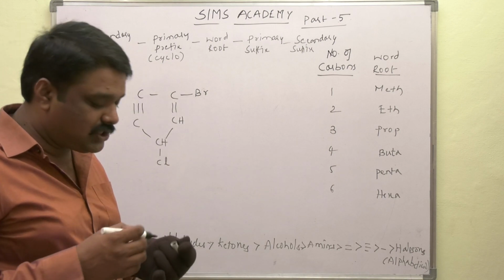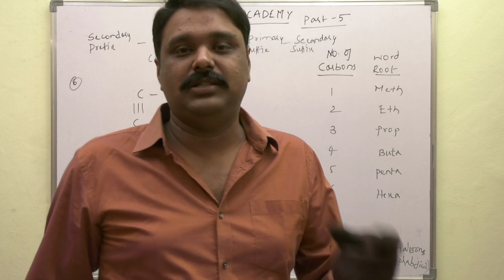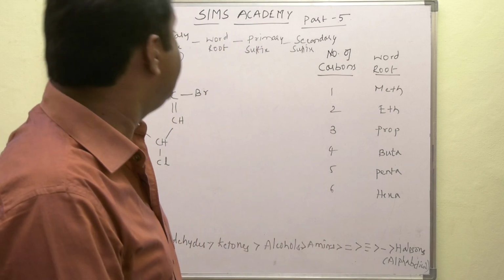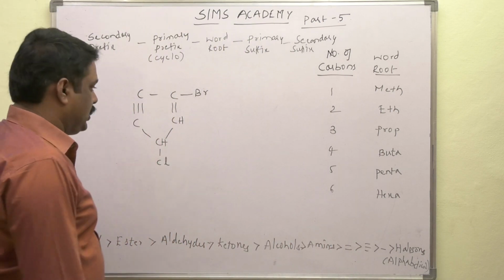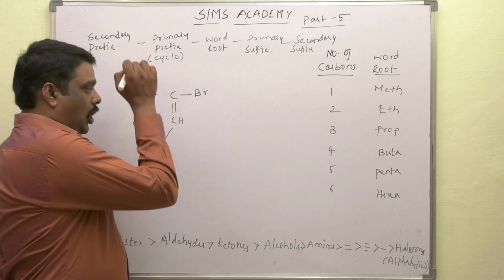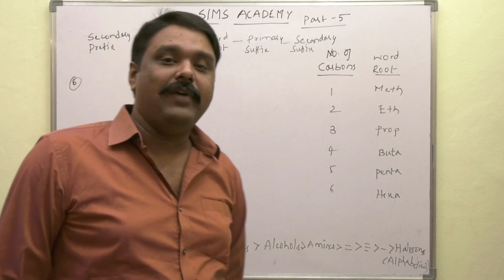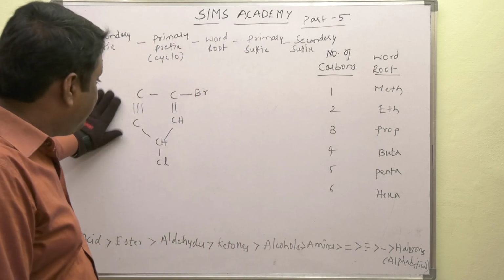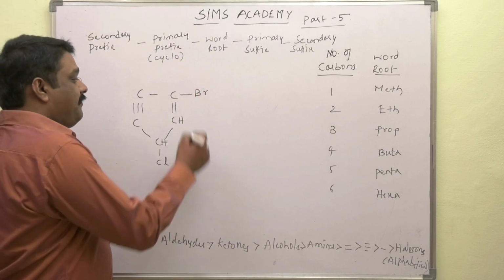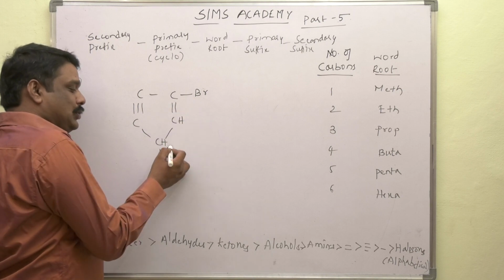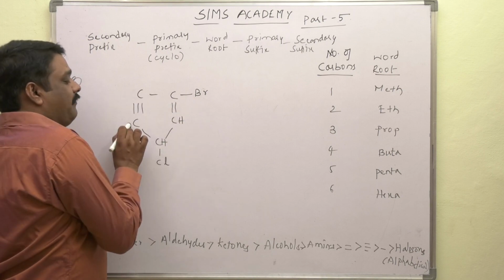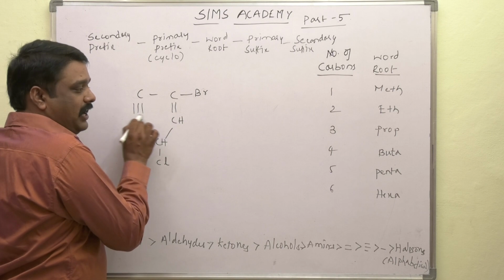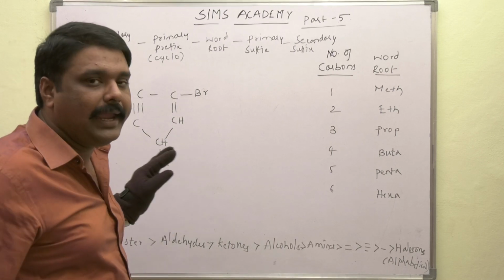Now from which side am I supposed to give the numbering? If you check, after double bond, the priority needed to be given is bromine. No, here we have triple bond. If I come from this end, 1, 2, 3, 4, 5, we get the fourth number for the triple bond, that is ine.